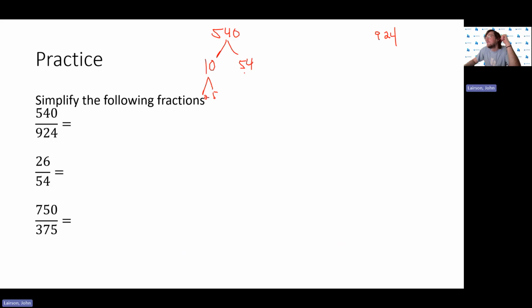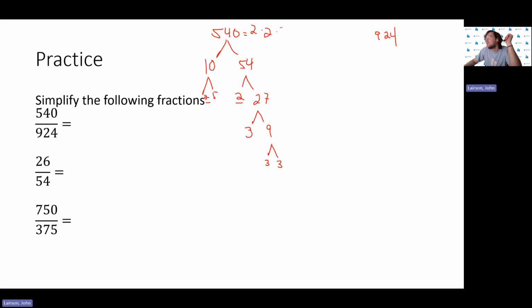That's not a bad one. 54 is even, so I'll pull out a 2. 2 times 27. 27 we've seen a couple times already. This is 3 as a factor. 3 times 9. And then 9 is 3 times 3. So let's rewrite it. That's 2 2s.